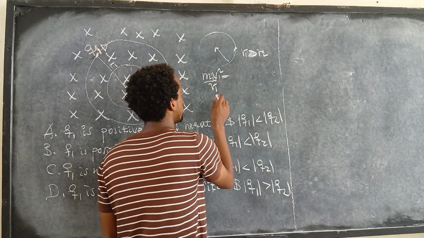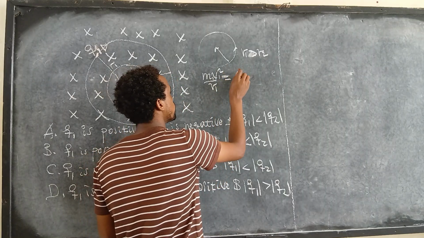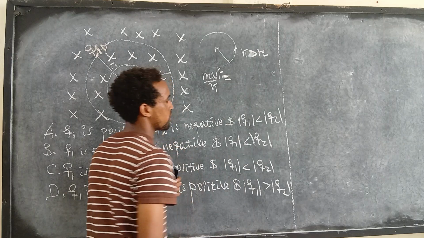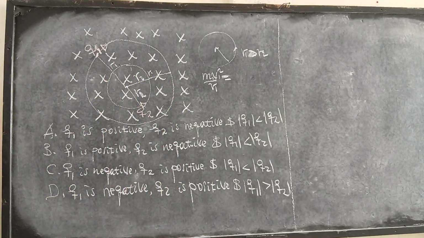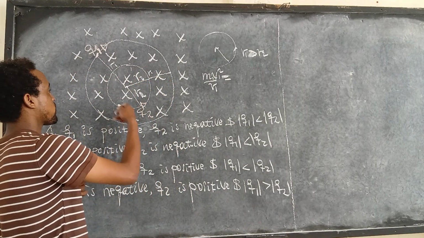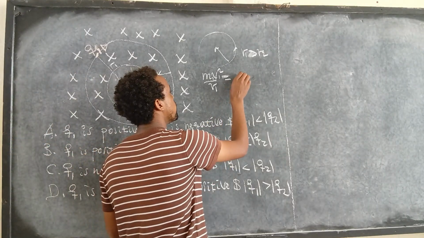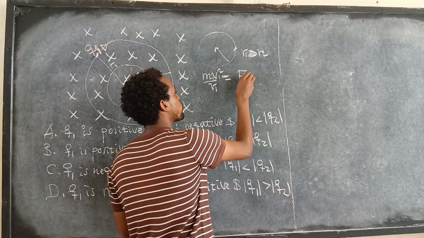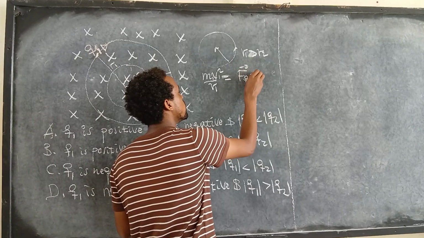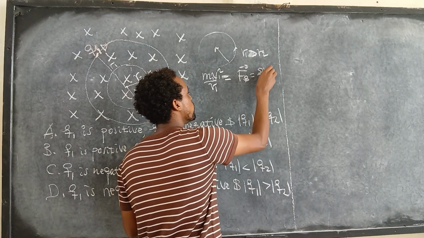And for the second one, we'll see the force on the charge. The force due to the magnetic field on the charge is equal to QVB.